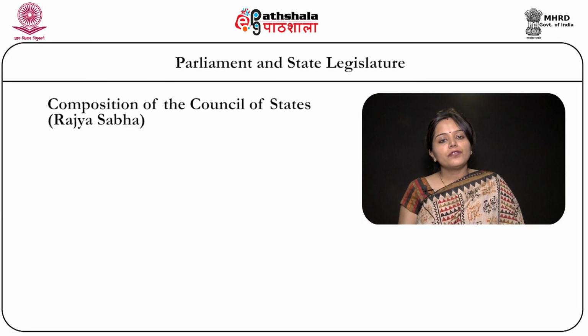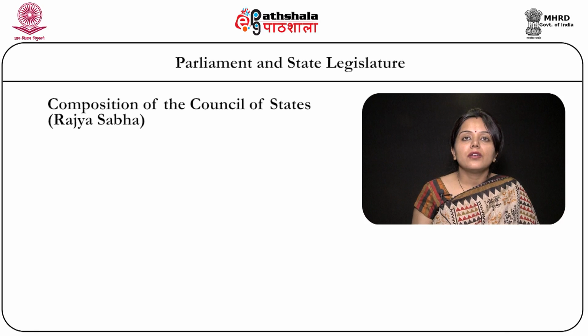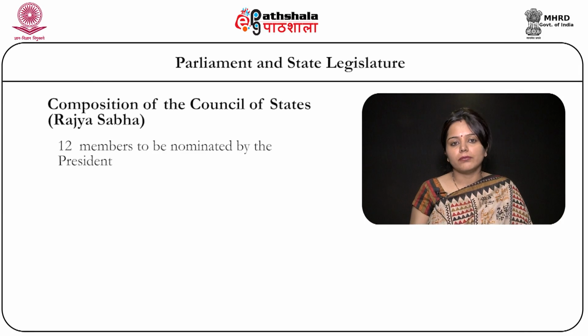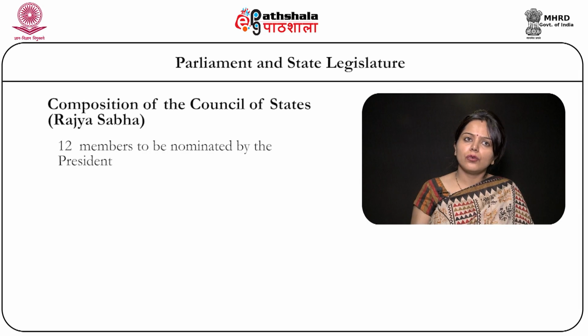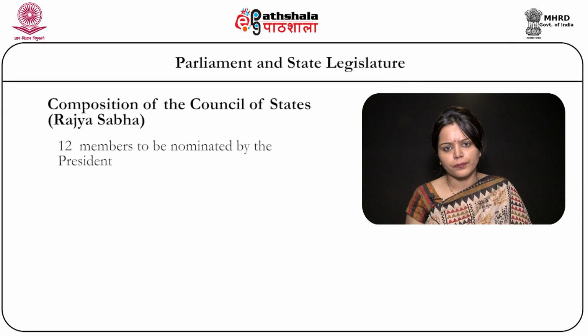In the Council of States, firstly, the president will nominate maximum 12 members at the Rajya Sabha, who have their own specialization.